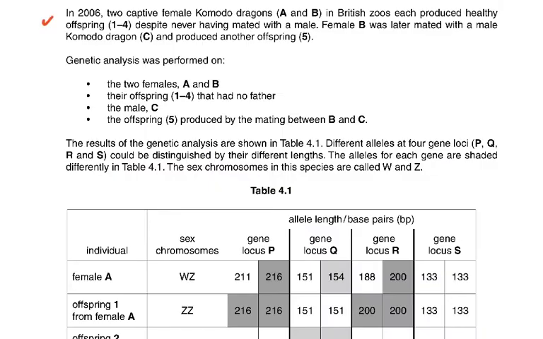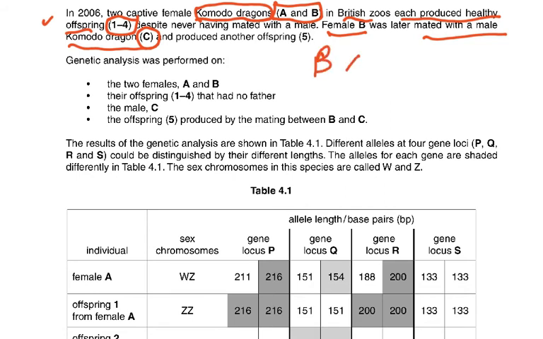In 2006, two captive female Komodo dragons, captive females A and B, in British zoos, each produced healthy offspring, 1 to 4, despite never having mated with a male. Female B was later mated with a male Komodo dragon C. So B mated with C and produced an offspring which was 5.